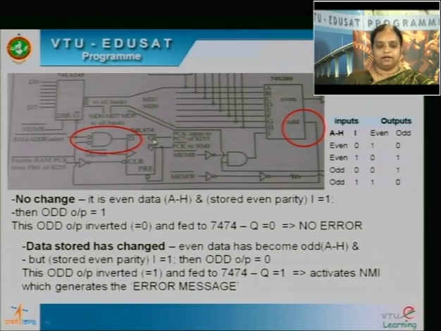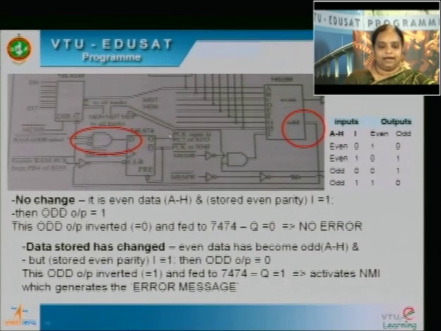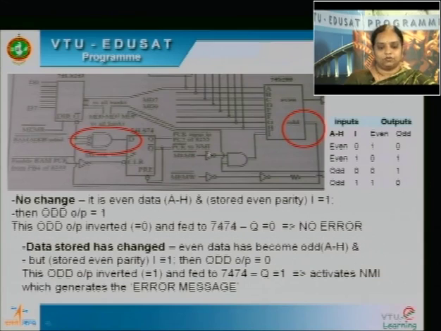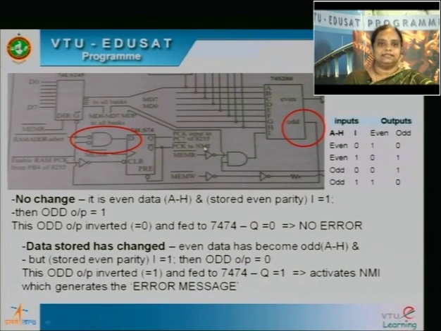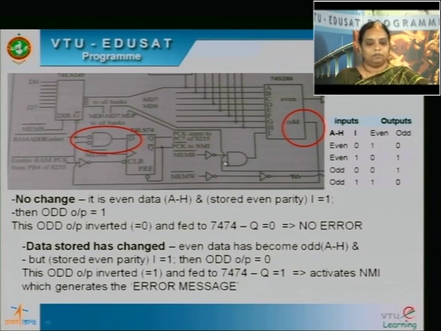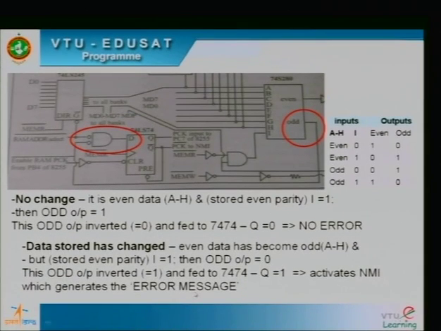Once D is 1, Q also becomes 1, and the Q is connected to PCK, that is parity check, and this parity check is given to NMI, non-maskable interrupt, and this will generate the error signal. So this whole combination acts as a parity generator and checker, which will generate the error message if there is an error. So this is the end of today's class.